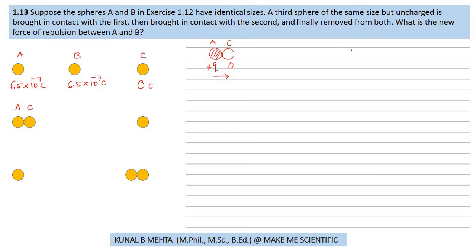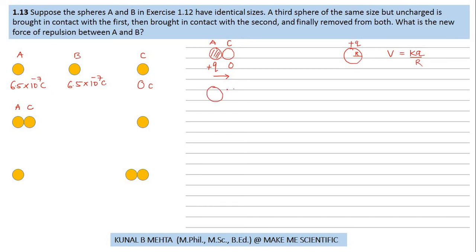Now you will learn in the next chapter that if you have a sphere of radius r and the charge on its surface is q, then the electric potential is given by kq by r. Since both the spheres are identical, their radii are also the same. So the potentials will only become equal if there is an equal amount of charge after coming in contact.